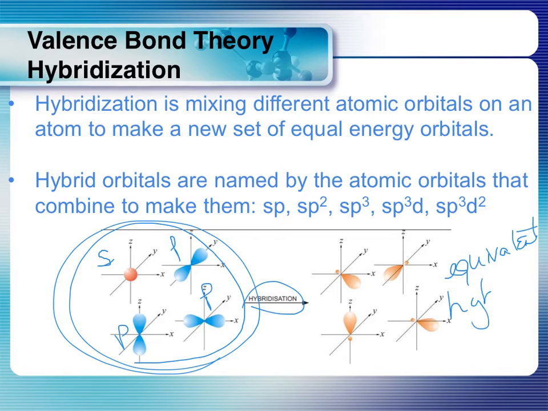Notice they all are the same shape, identical other than the direction they're pointing in. Those are all a result of mixing. As we go through them one by one, you'll see the names the hybrid orbitals have: sp, sp2, sp3, sp3d, and sp3d2. The next several slides are going to get pretty complicated, so try to stay alert and pay attention. It can be a difficult concept.